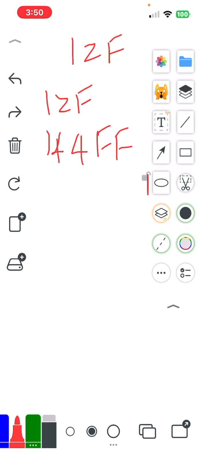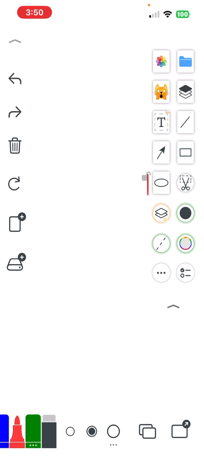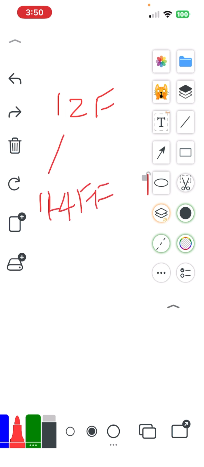Now using the same branch, let's say this is 12F, this is 144, FF.